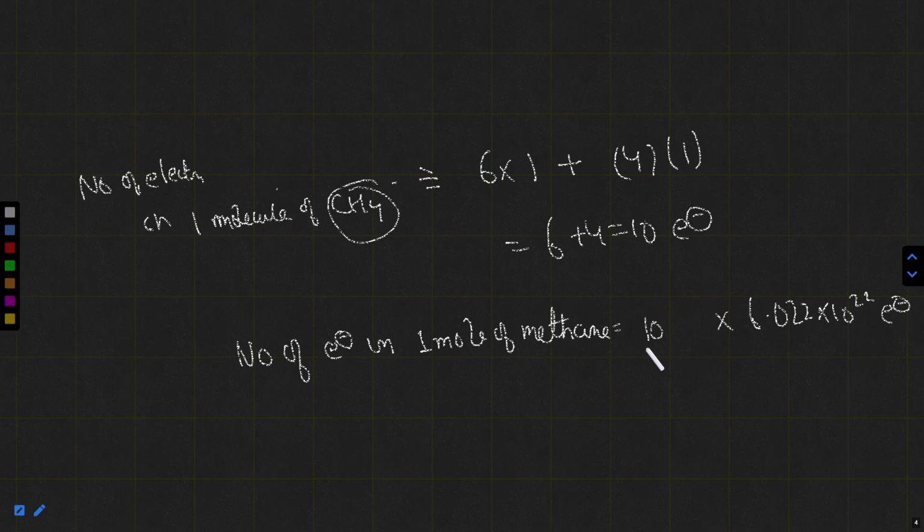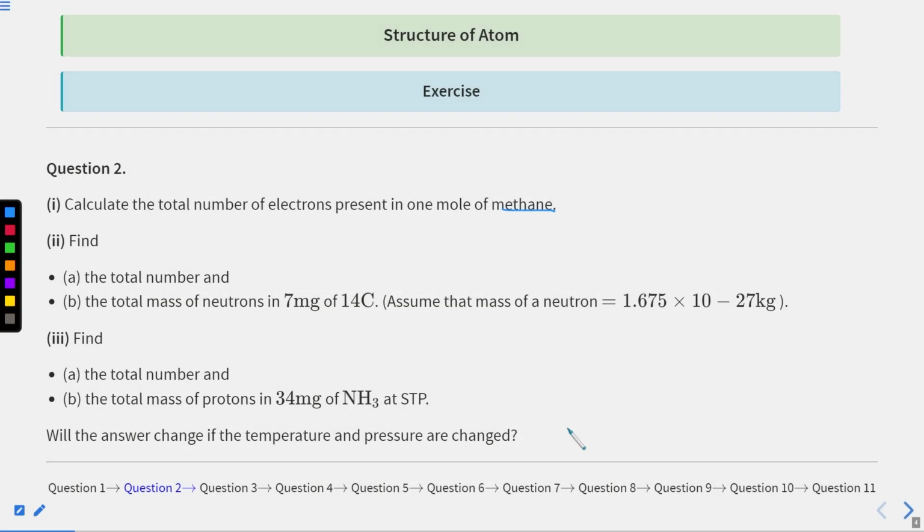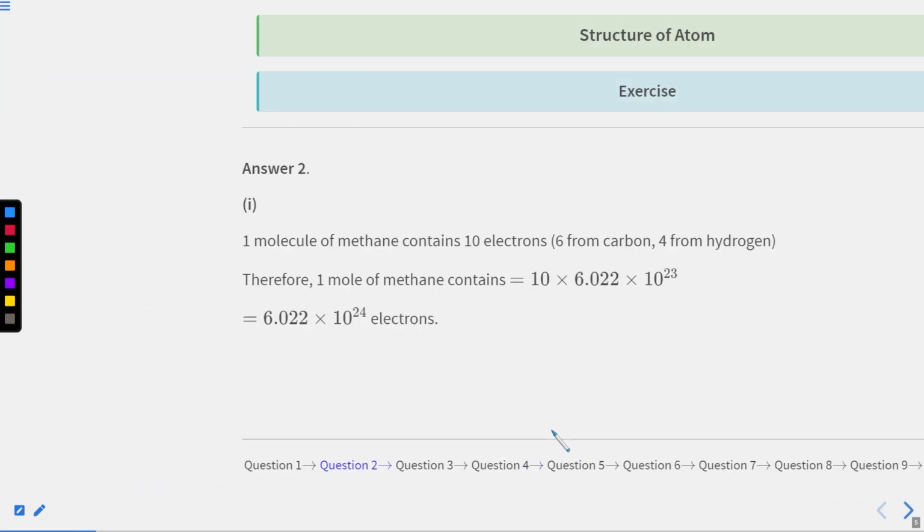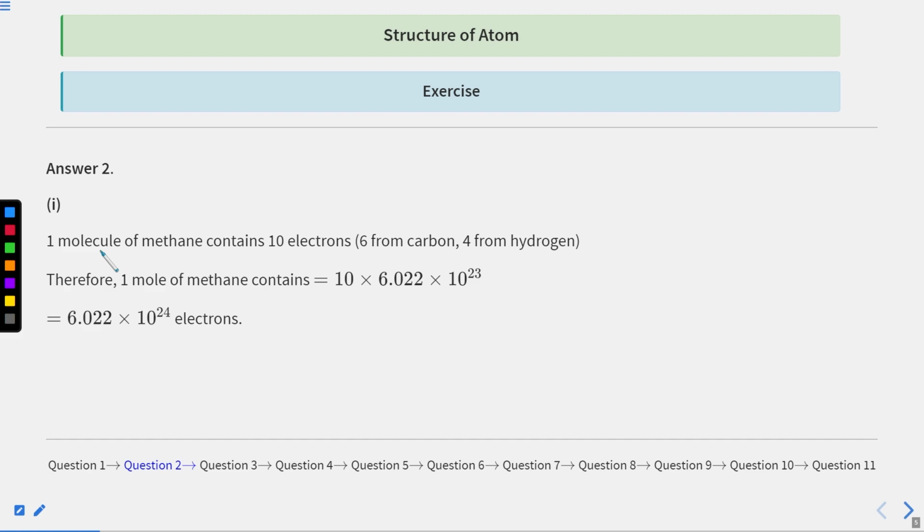That would give us 6.022 into 10 to the power 24 electrons. Got it? So this will be the solution. 1 molecule of methane contains 10 electrons, where 6 are from carbon and 4 are from hydrogen. Therefore, 1 mole will contain 10 times this much.